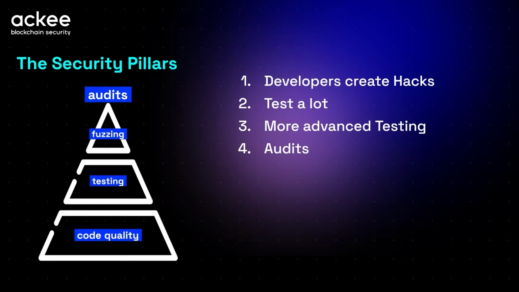But audits are also important because you can be biased within your head, and this is common behavior of people. You can be biased towards believing that your smart contract is correct because you used fuzzing or some different advanced technique.